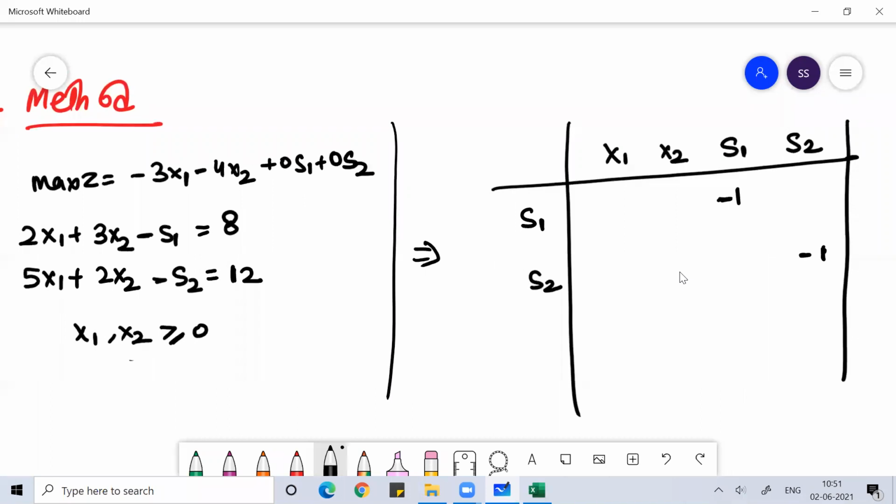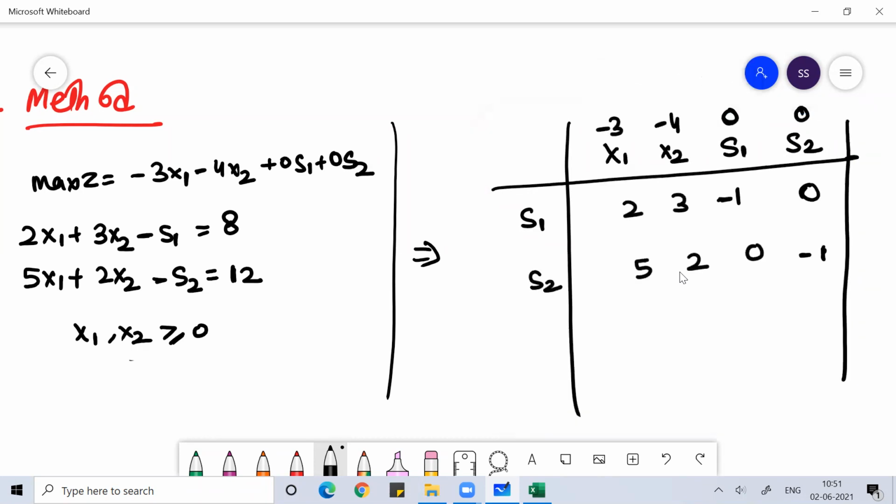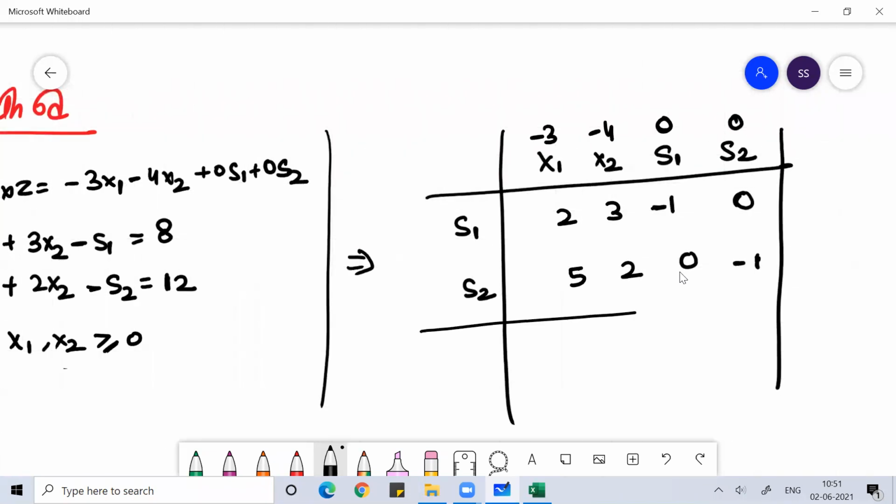This is minus 3x1 minus 4x2, the objective function, 0 s1, 0 s2. This is 2 3 minus 1 0, and then 5 2 0 minus 1. Then this is ci, and then you can find zi, and then you can solve it.